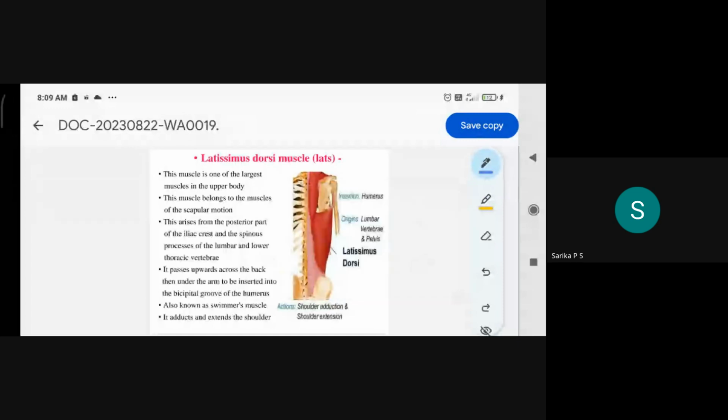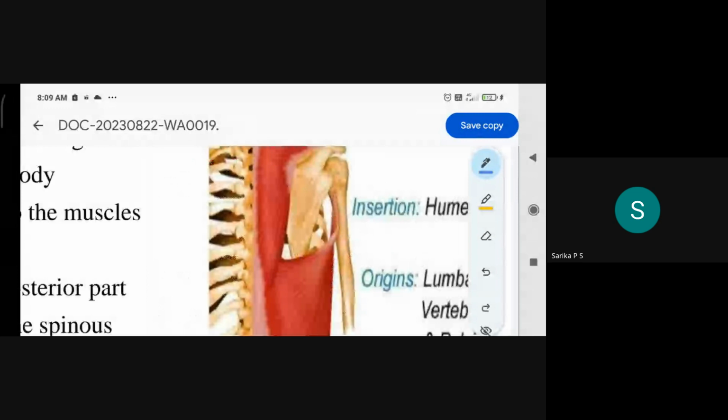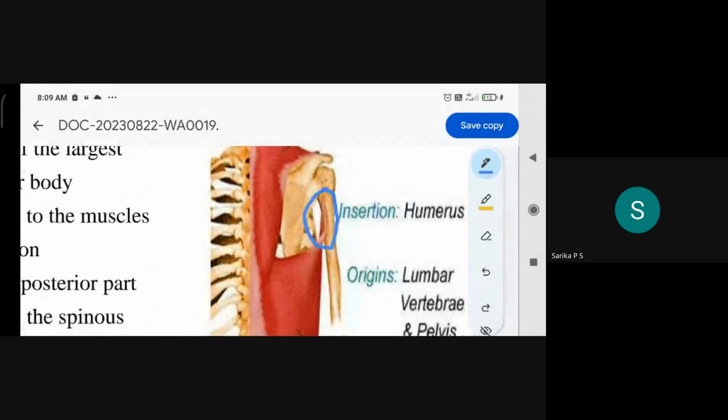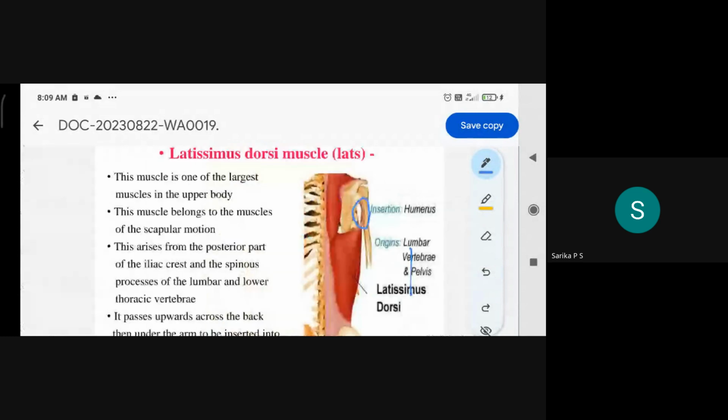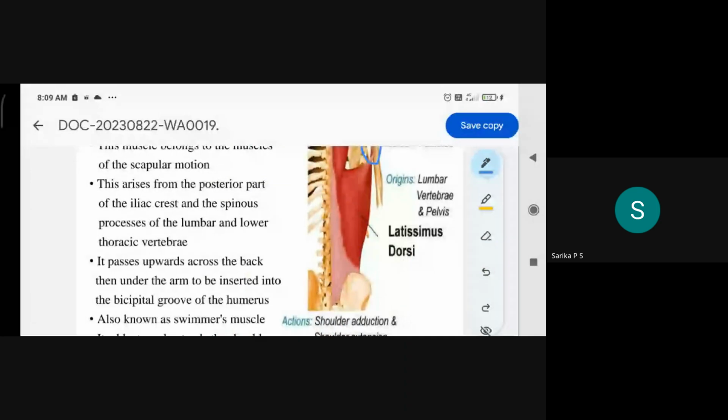In this picture, you can see it is inserting here, right? So, origin is from the lower region of thoracic and lumbar vertebrae and iliac crest, and it inserts into the humerus.